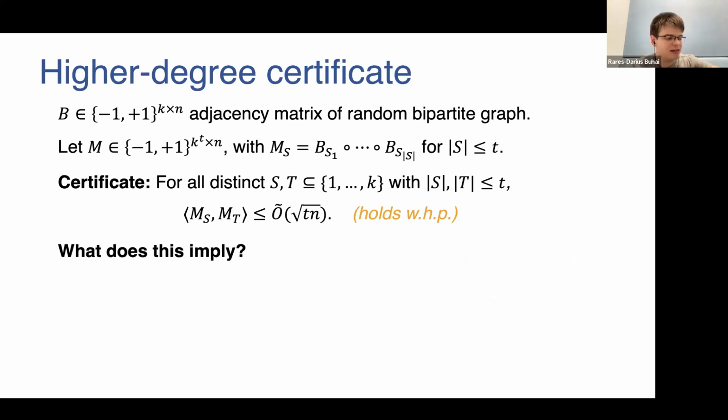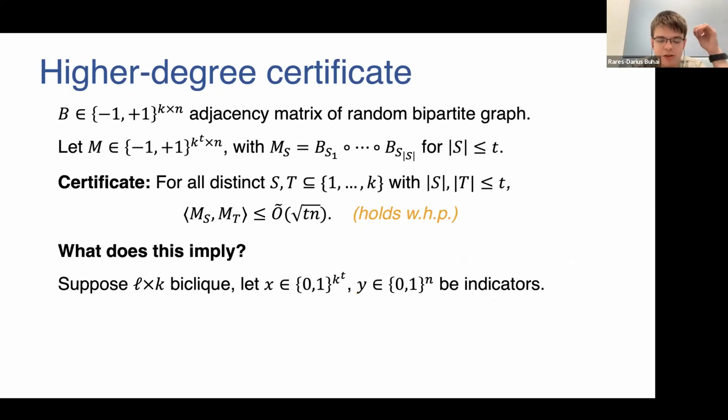So now let's just very quickly see what this implies. Suppose again that you have an L by K biclique and consider its indicators. Now, Y will be the indicator for the right-hand side of the biclique, but X now must be an indicator for M. So X is going to be 1 for all the sets of size at most t that are completely included in the left-hand side of the biclique.